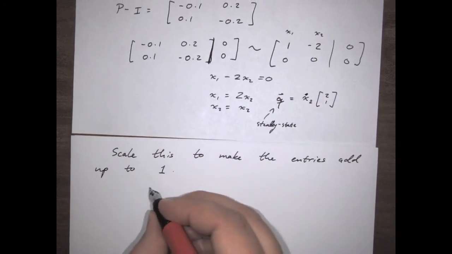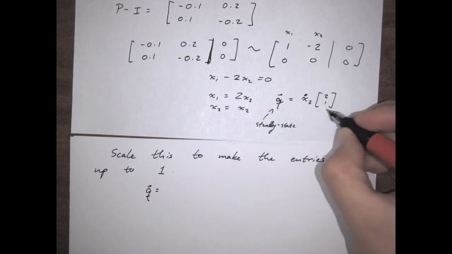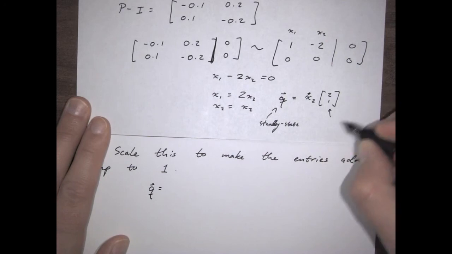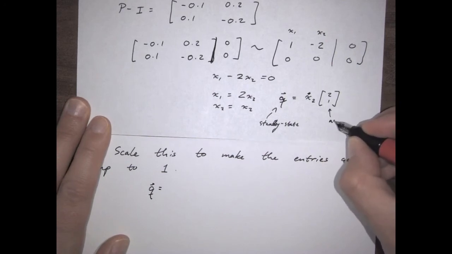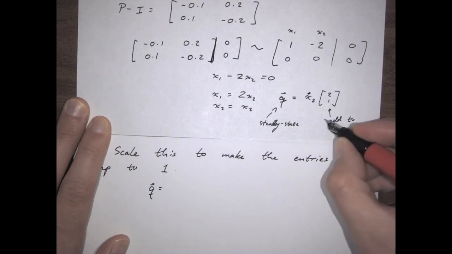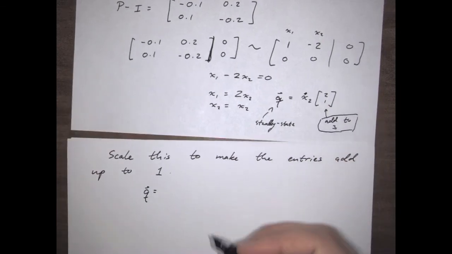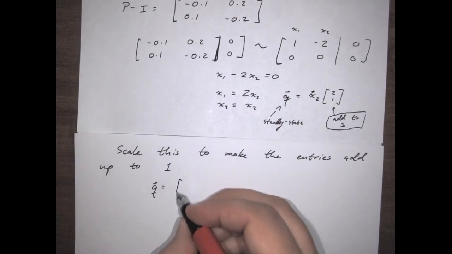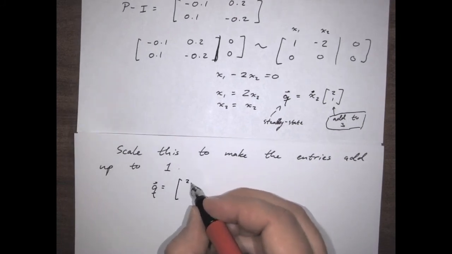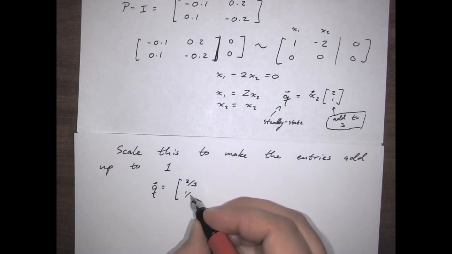So then we can go with q is equal to, well, currently the entries add up to 3, so that's what we divide by. You just add up the entries and divide by that, and that will scale the steady state vector so that it is a probability vector.